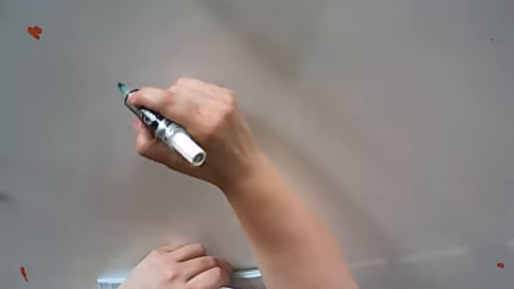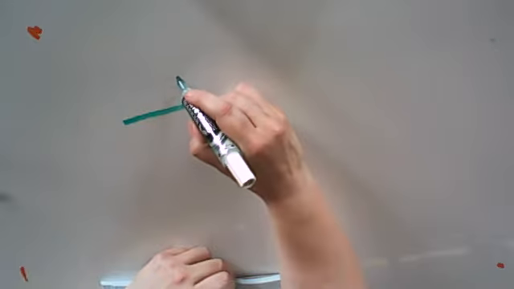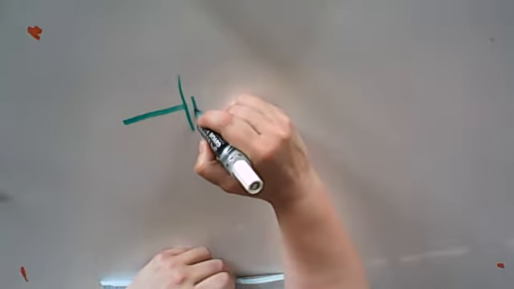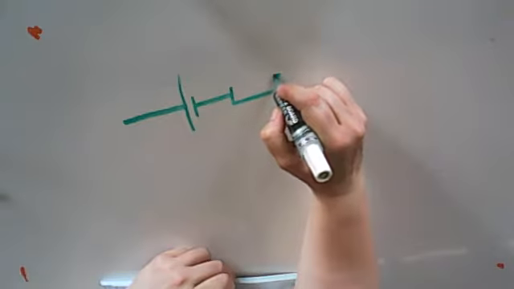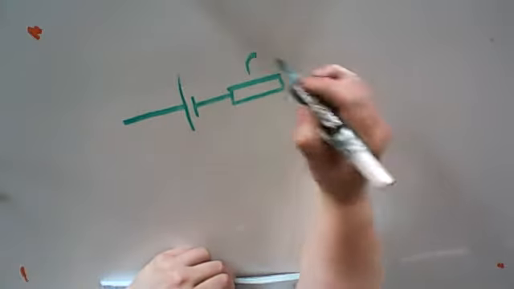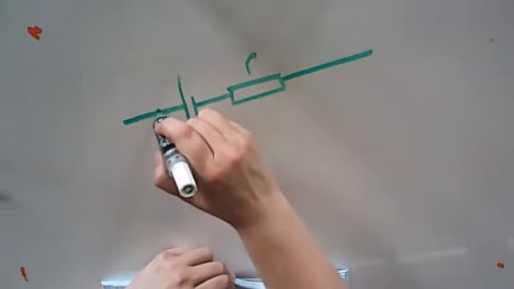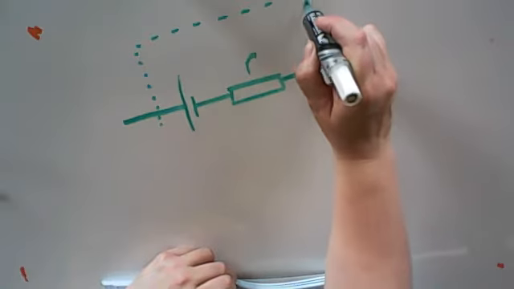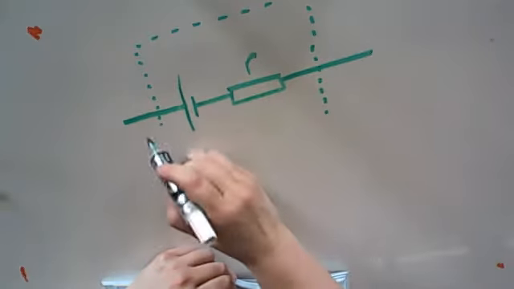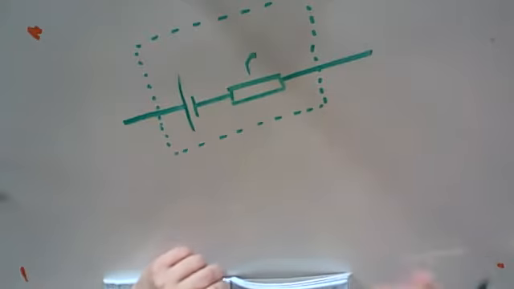So what we do sometimes, now that we're in level 3 and we're more amazing, is we will write our batteries like this. There's our little battery, and here's a little r. And usually we draw a little dashed or dotted box around it to show that's the inside of our battery pack, the inside of our power supply.